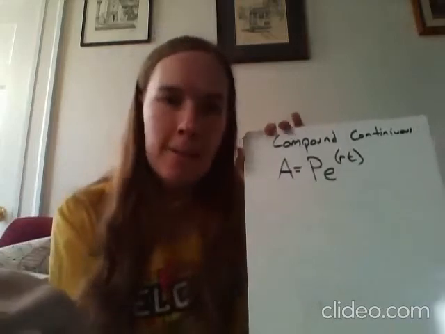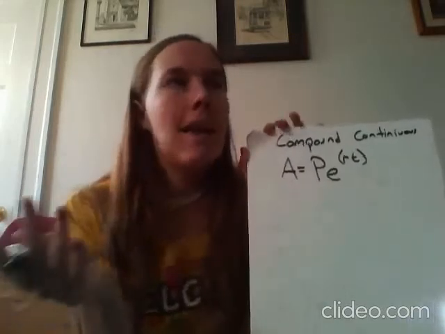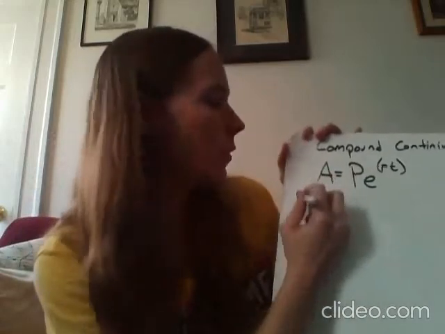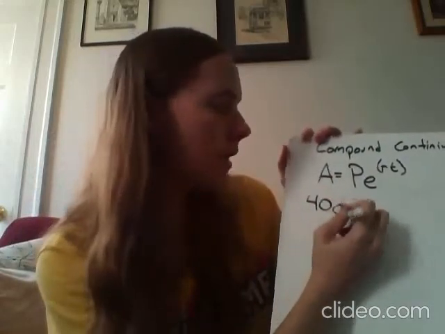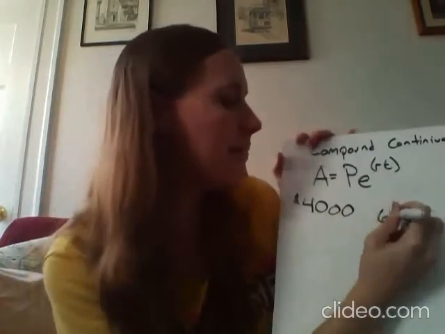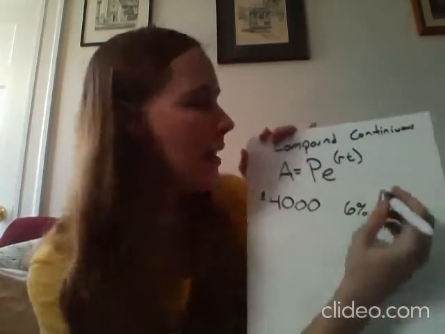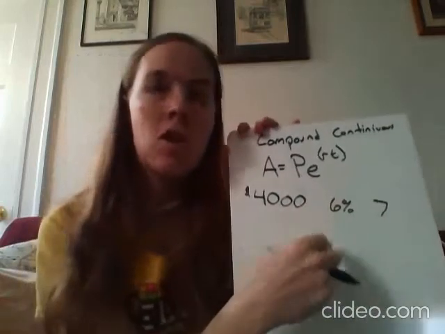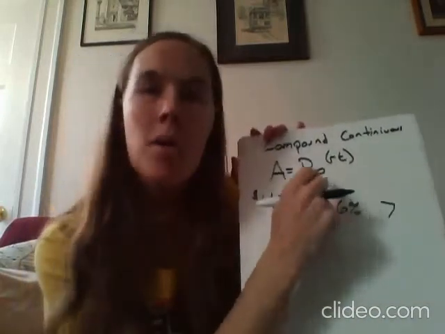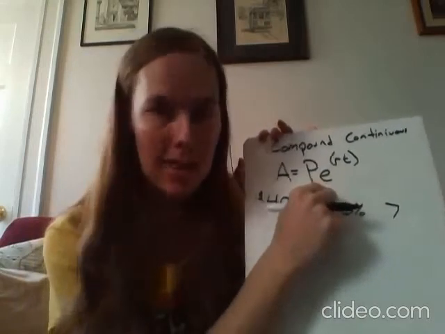So let's do an example of this problem. Let's say you're at a bank and you put in $4,000. We're going to use the same sort of thing we were just doing with a 6% interest rate, and you want to know for 7 years. So we're thinking about what we just did, but now we're going to be compounding continuously.